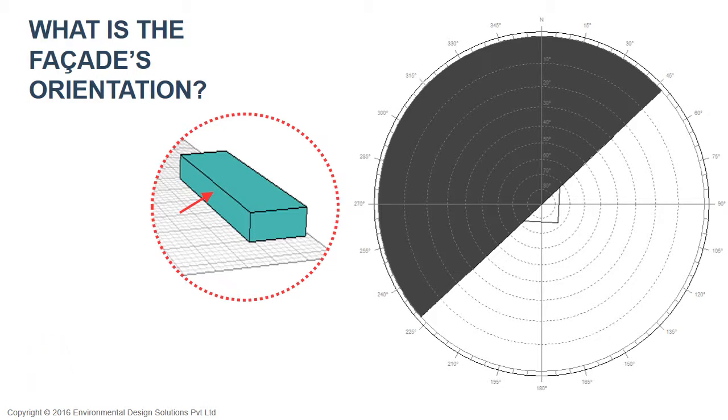So the profile of the visible sky is not entirely towards the east, nor is it entirely towards the south. It's in the southeast direction. So the facade is oriented towards the southeast.